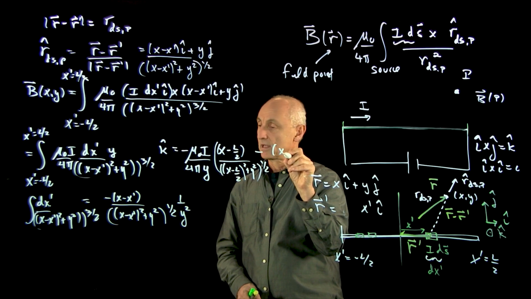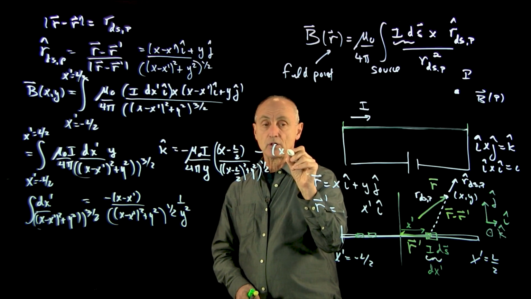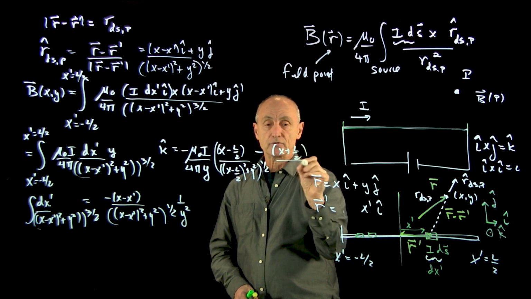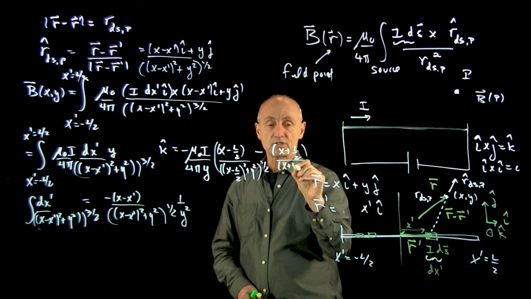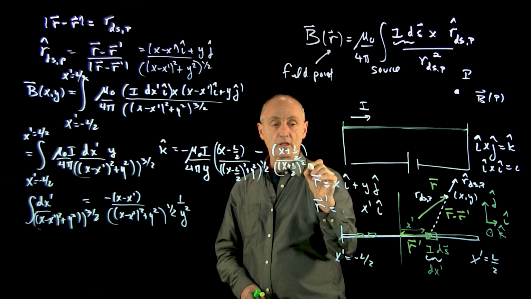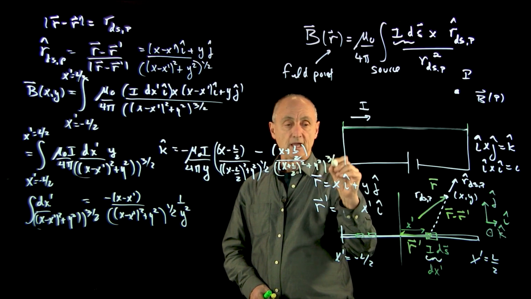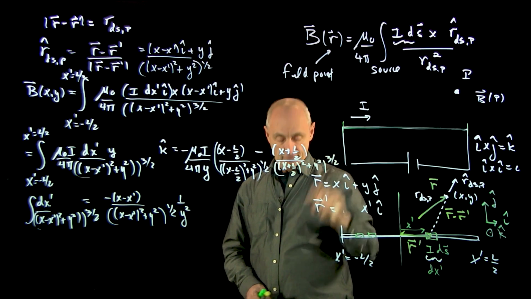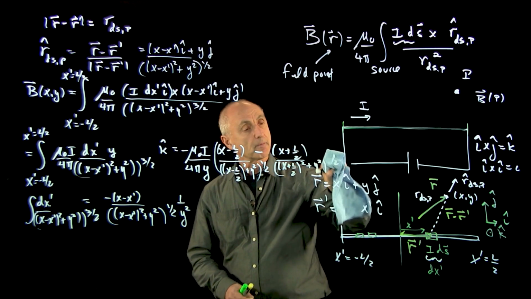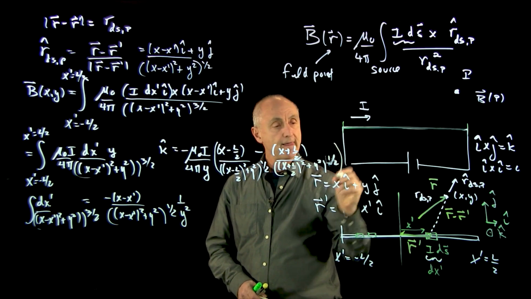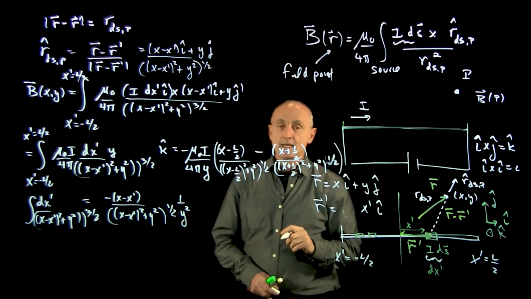So it's (x plus L over 2) over (x plus L over 2) squared plus y squared, to the 1/2. And there we have it.